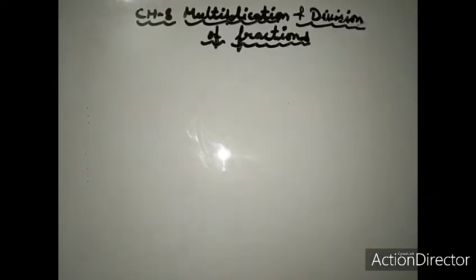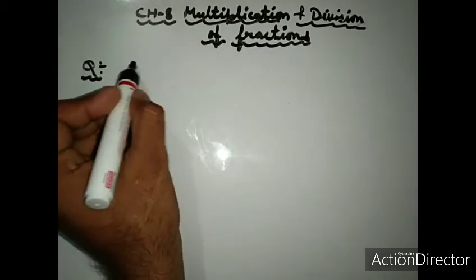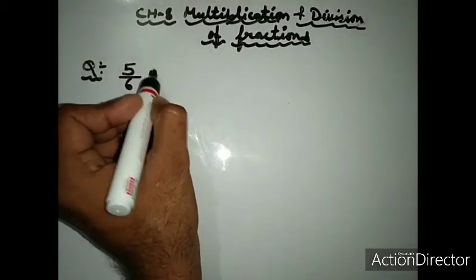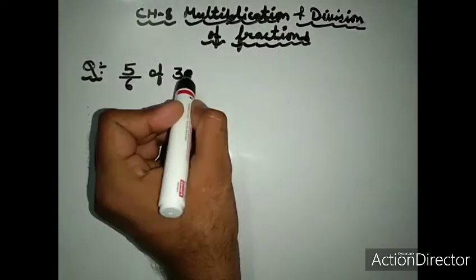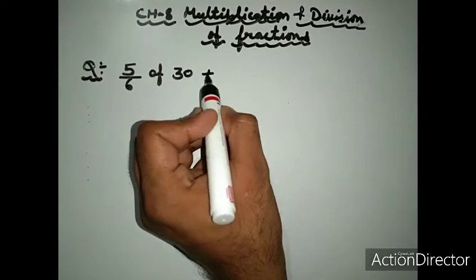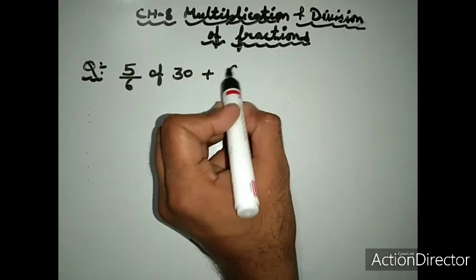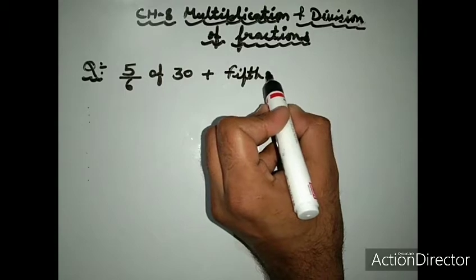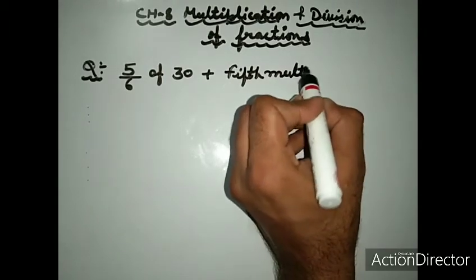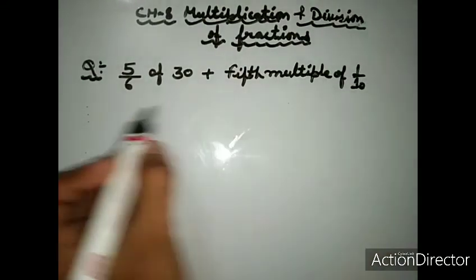Okay. Now here I solve one more question related to fractions. So here the question is 5 upon 6 of 30 plus fifth multiple of 1 upon 10, right?